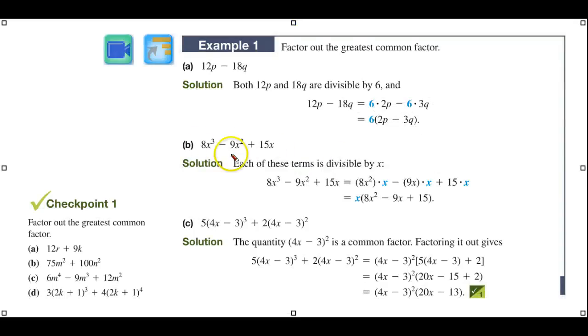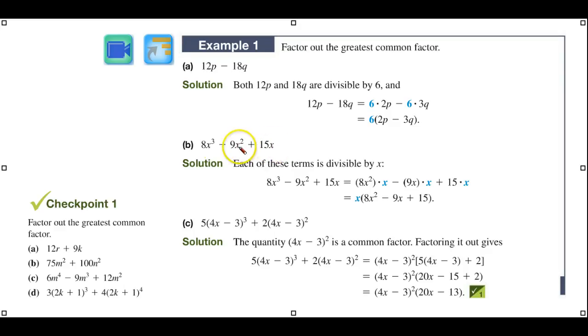So in example B, as we look at the numbers 8, 9, 15, you could take a 3 out of these, but not out of there. So there are no common factors as far as the numbers go. But then when you look at the variable, you see an x cubed, x squared, x.